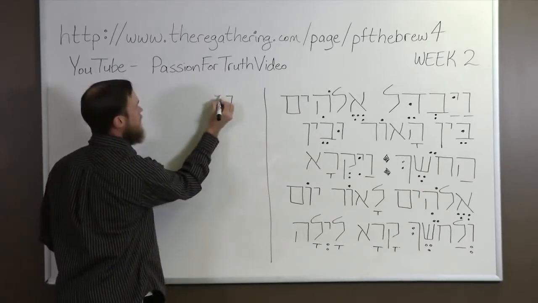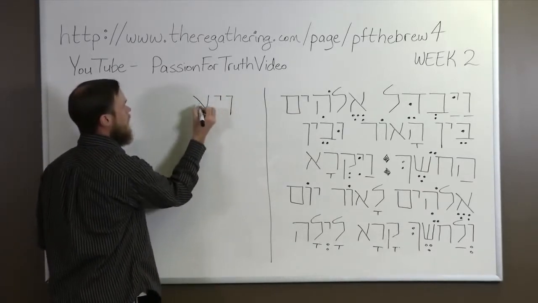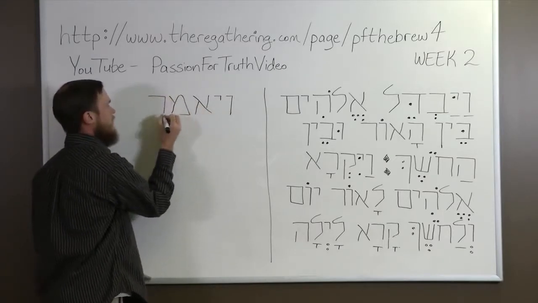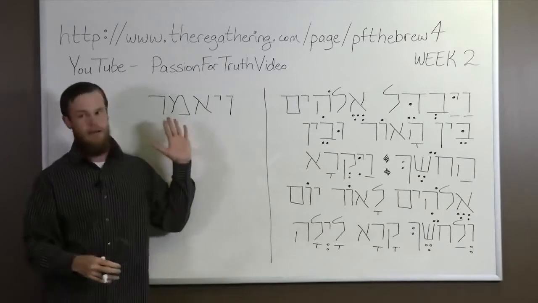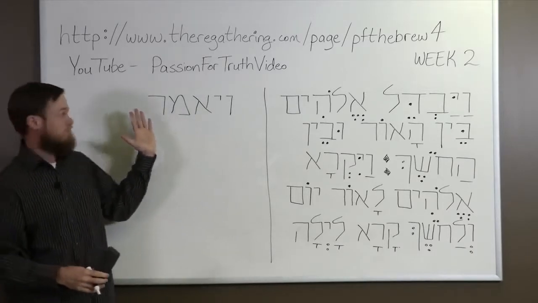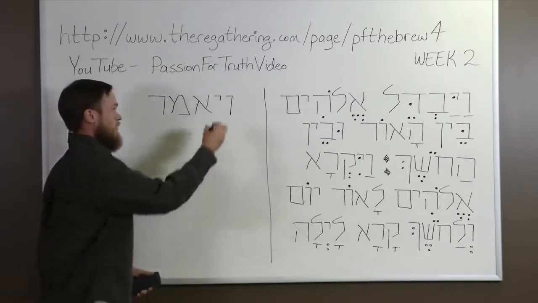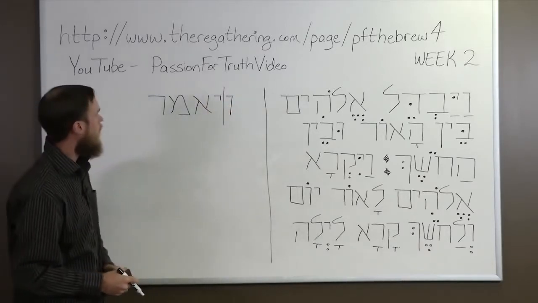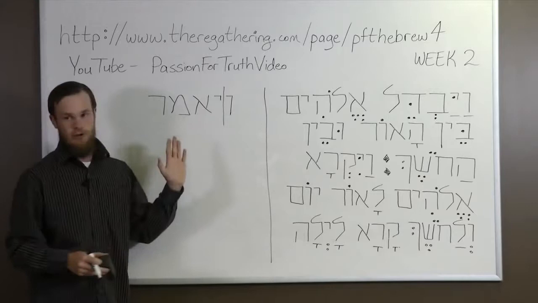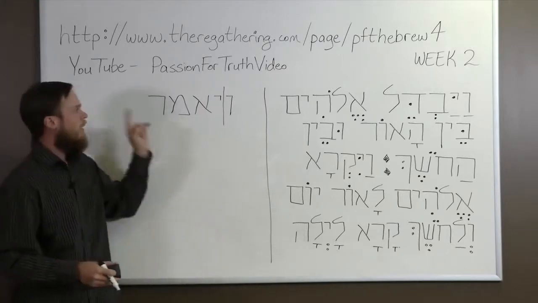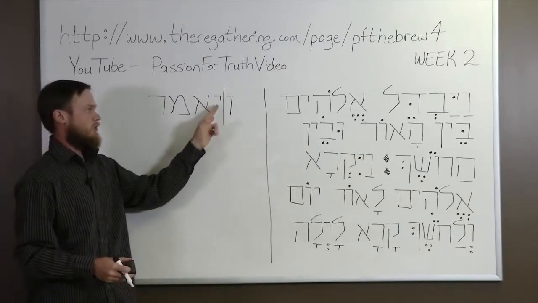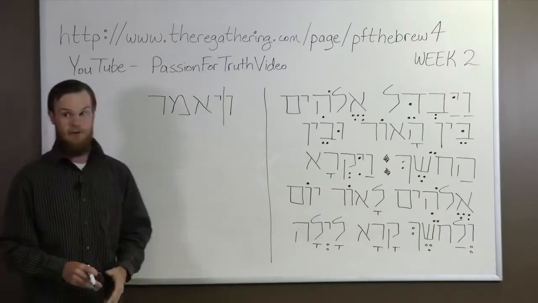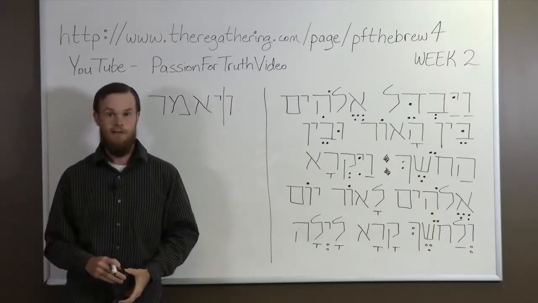So I've got that word right here, and there's some things we can take away from this right away, not knowing what the root means or anything else. First off, it starts with a vav, so we know that's our prefix, and. Okay. Now, the vowels look a little funny, but when we see something that starts with a yod and then has three letters that aren't yods or vavs or hays, right?